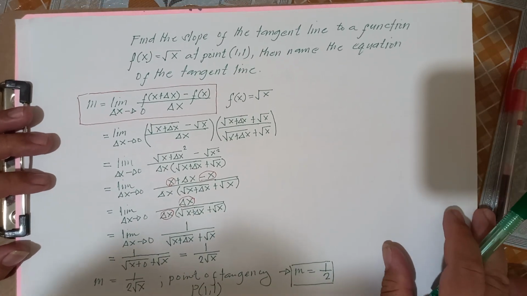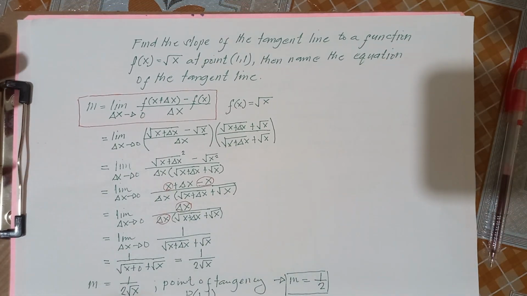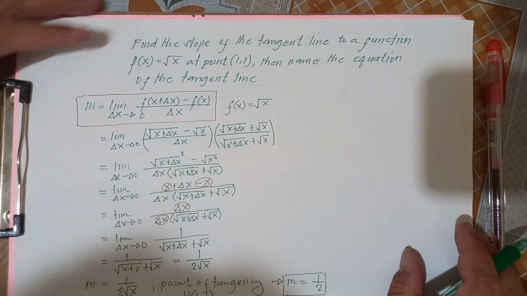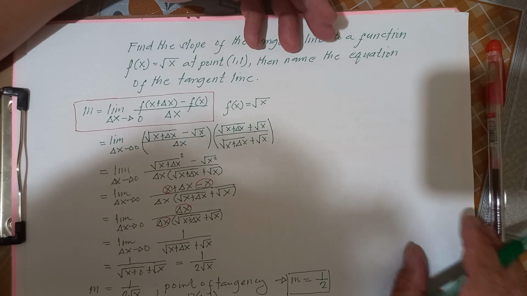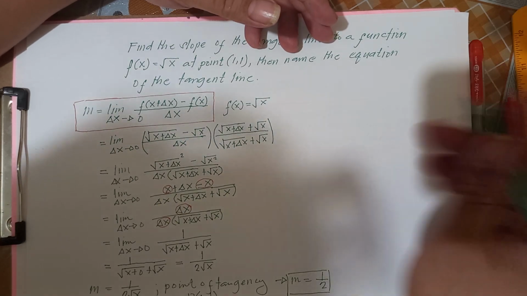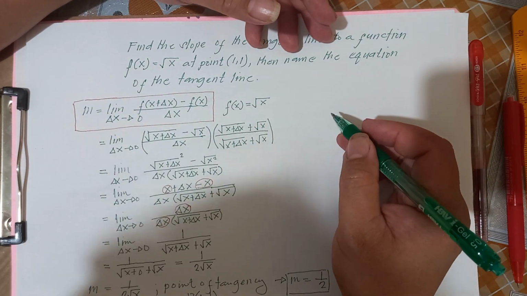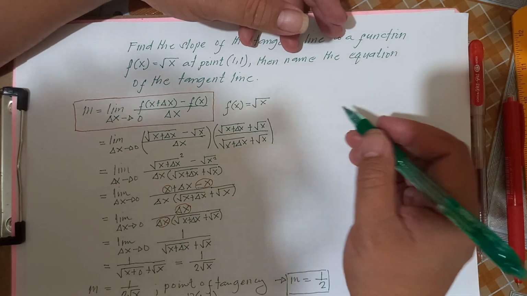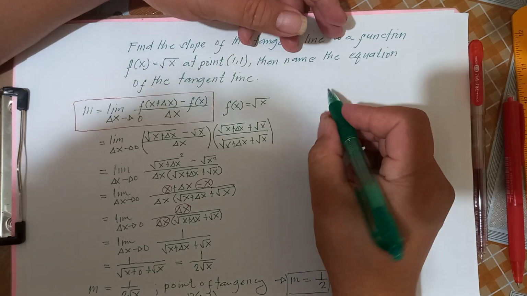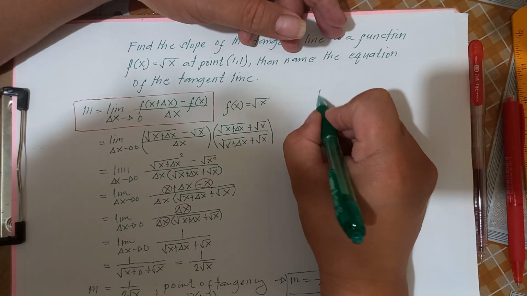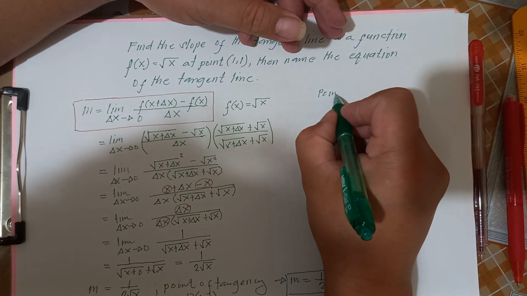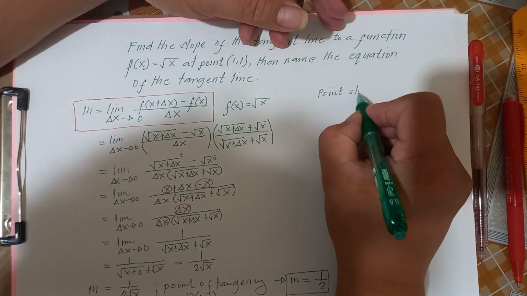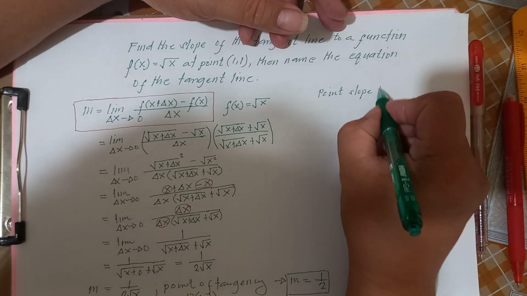So when we name the equation of the tangent line, we have to recall our basic equation regarding the equation of the line. What is one of the basic equations of the line? We have the point slope form. So what is the point slope form?